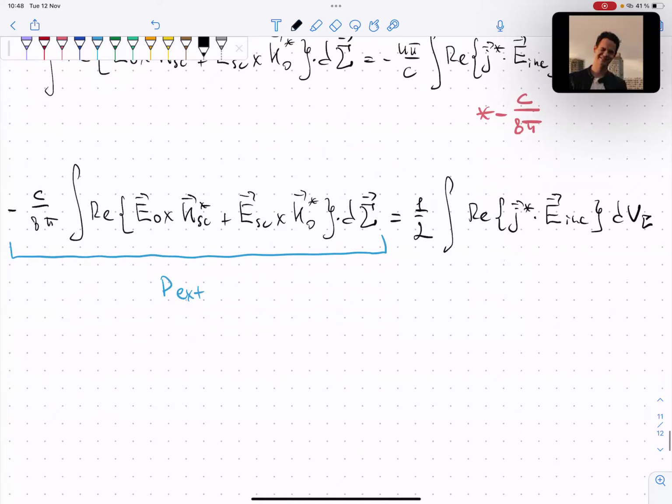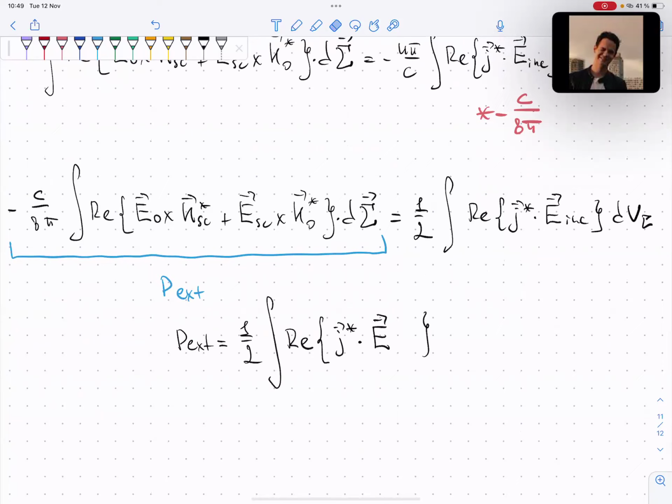So in the end, we can derive that the extinction power is equal to one half integral of the real part of the currents which are induced inside our structure, multiplied by the incident field.